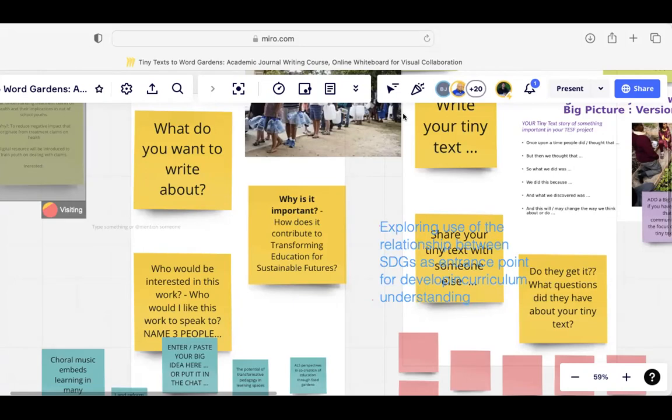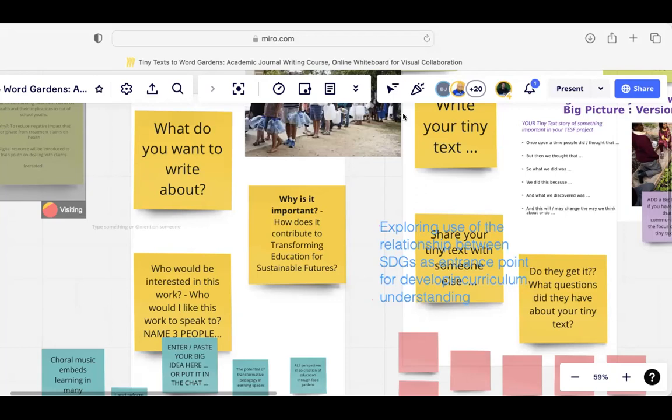Maybe the Minister of Environment could also be interested, as it could help in policy making, and maybe a director of a non-government organization that targets environmental issues. As I was writing the persons who would be interested, I had to reason out why they would be interested.